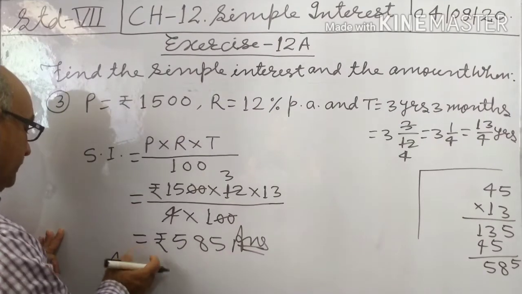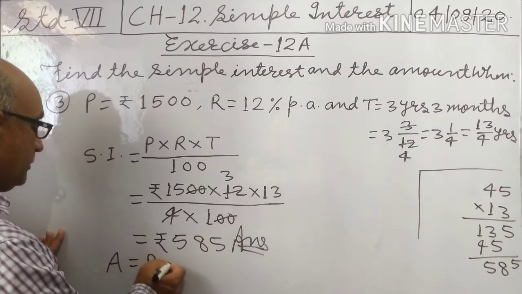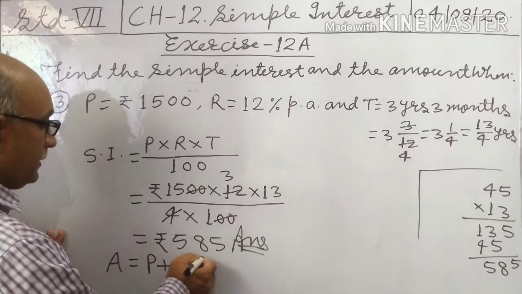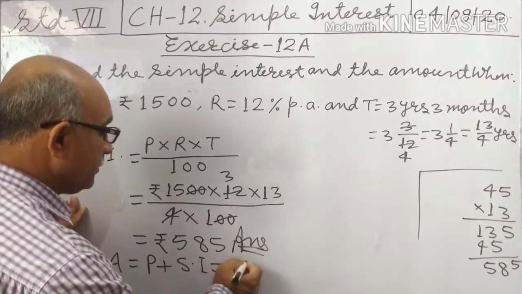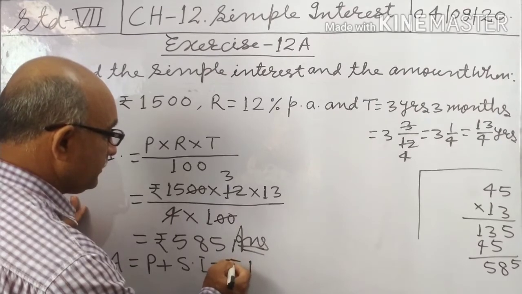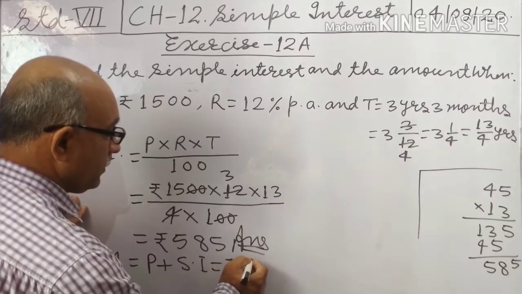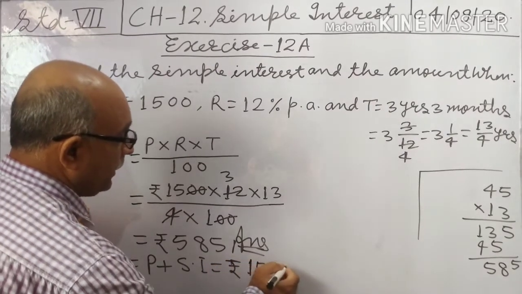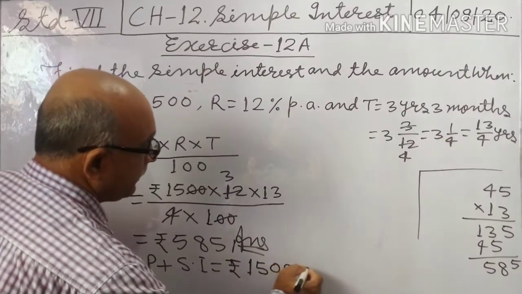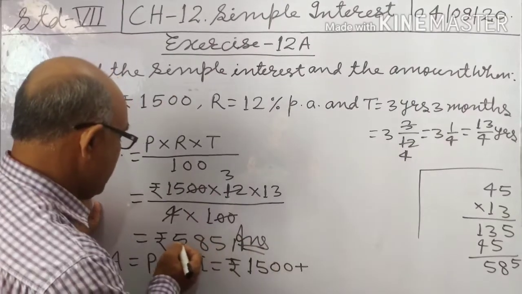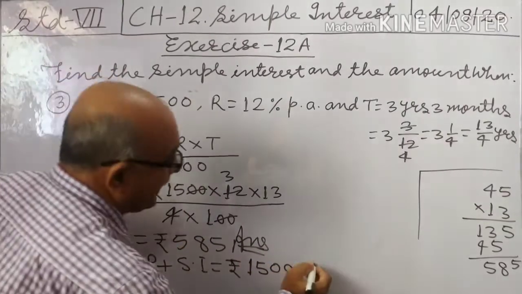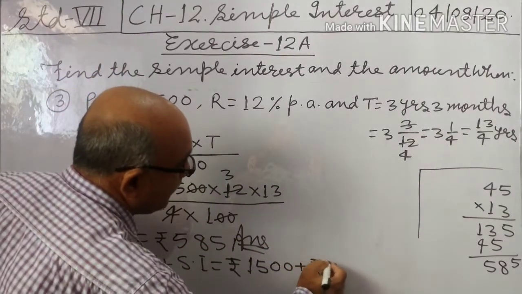So amount equal to P plus SI. P equal to rupees 1500 plus SI 585 rupees.